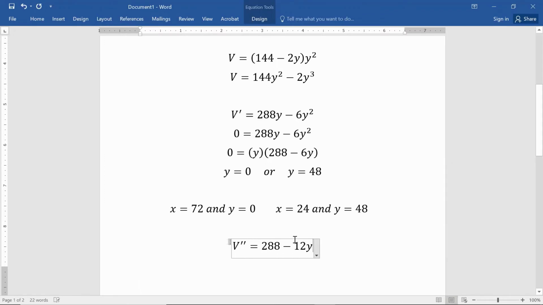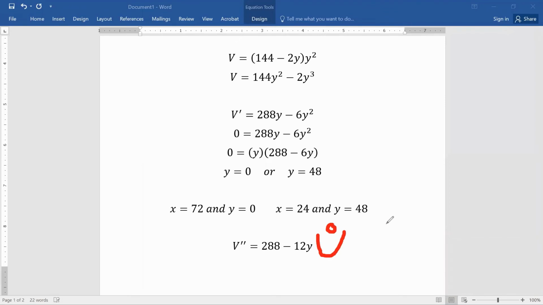So you can see that if I plug in 0, I'd get a positive number. That means if I plug in 0, I'm concave up. Again, this is y equals 0.